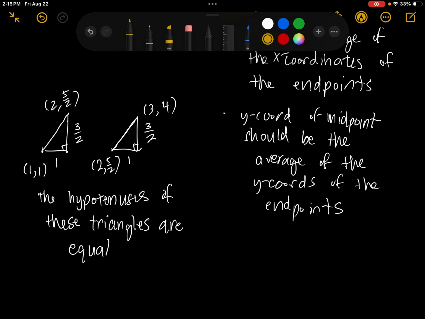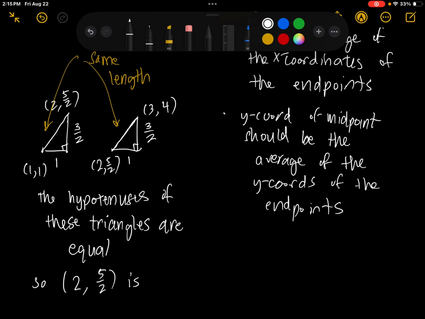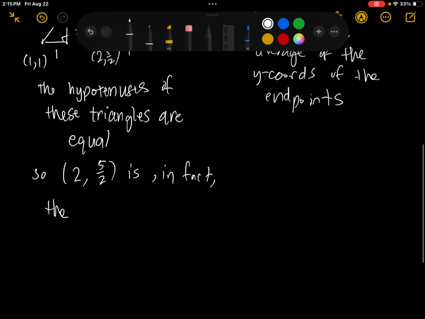So this length and that length are the same length. And that proves that 2, 5 over 2 is, in fact, the midpoint.